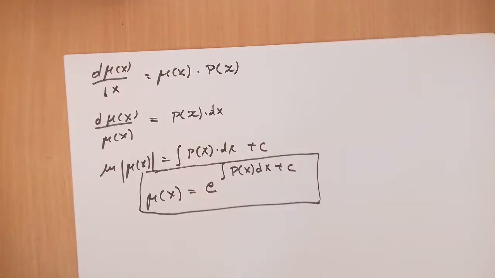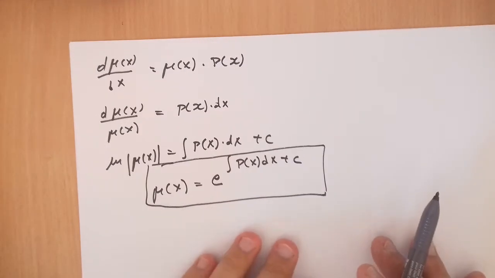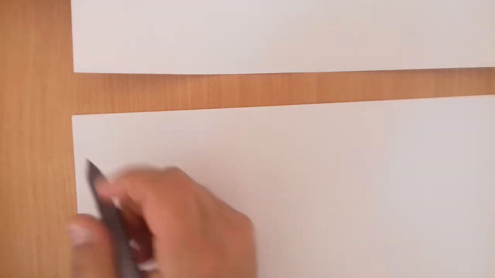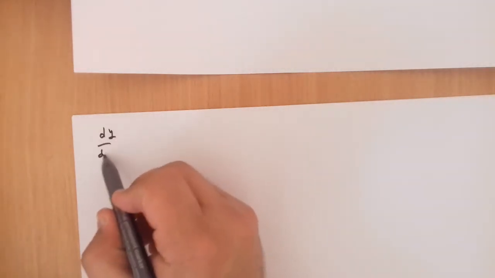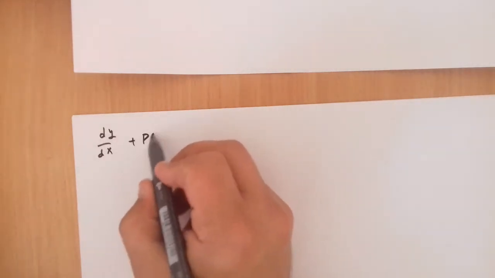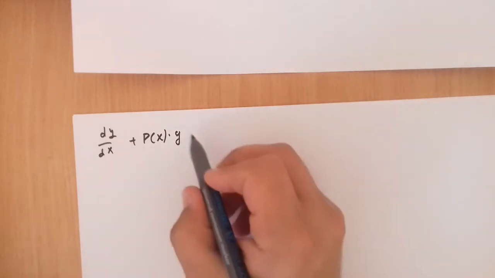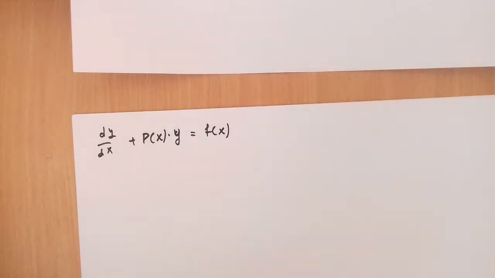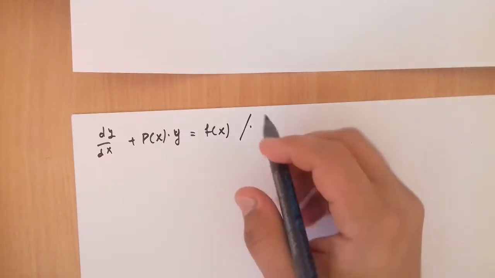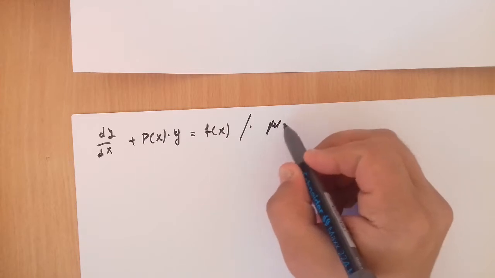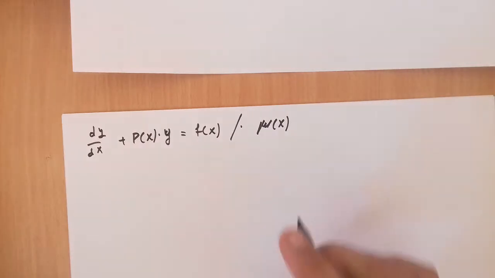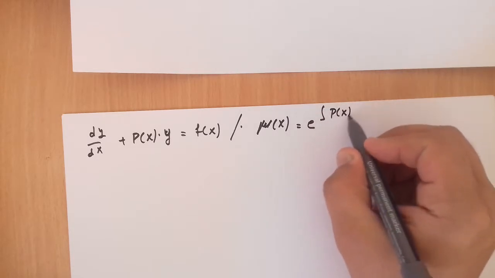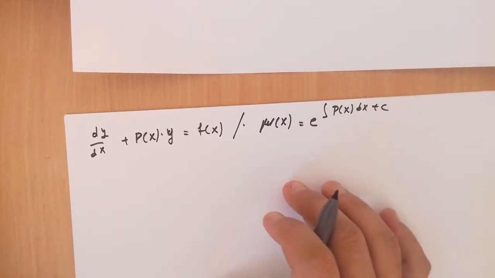So we have to do a little calculation. So dy/dx plus p of x times y, this is equal to f of x. So we multiply both sides by mu of x, which is equal to e to the power of integral p of x dx plus c.